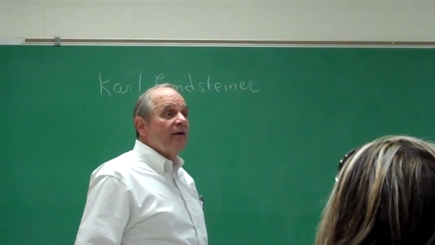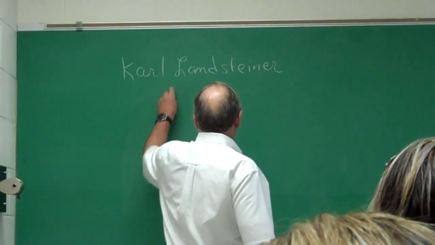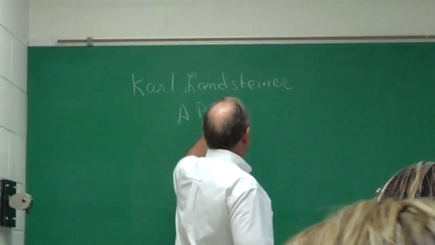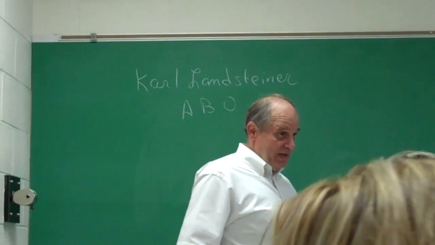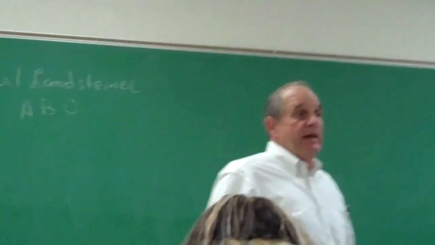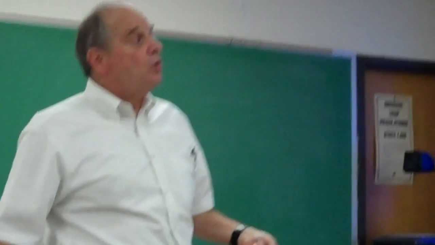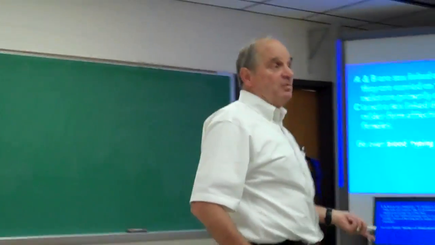Karl Landsteiner discovered what we refer to as the ABO blood groups. He did a lot of work with this. Everybody in this room is either type A, type O, type AB, or type B.